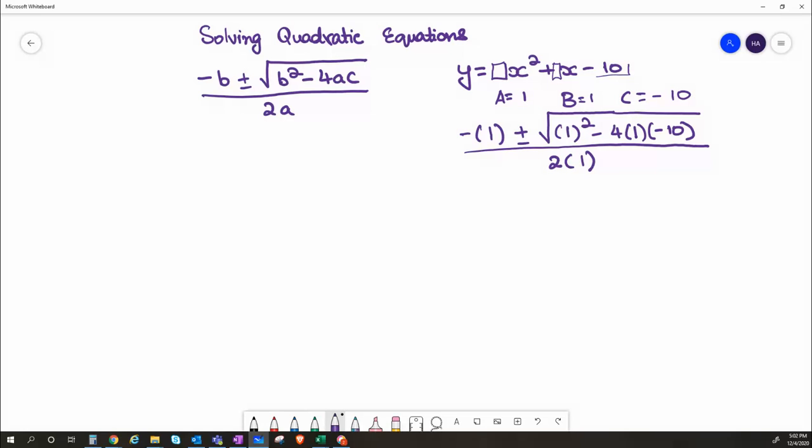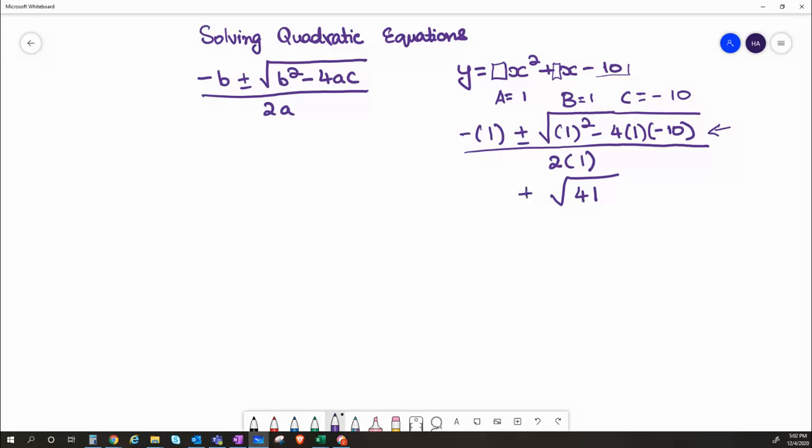Now, I like to start solving it with the square root. When you solve 1 squared minus 4 times 1 times negative 10, you get 41, the square root of 41.